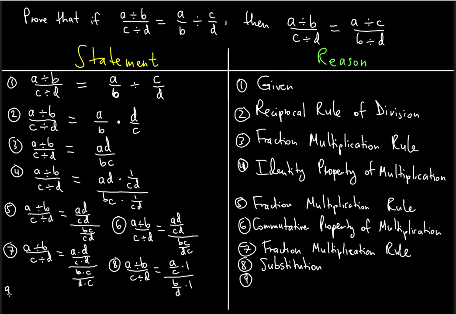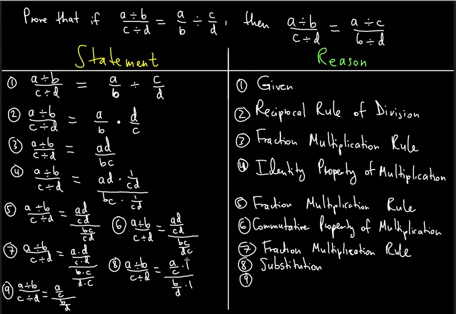Now the ninth step, we'll make it A divided by C divided by B divided by D. Because 1 times A divided by C is A divided by C. The reason for that is simple. It's again the identity property of multiplication.